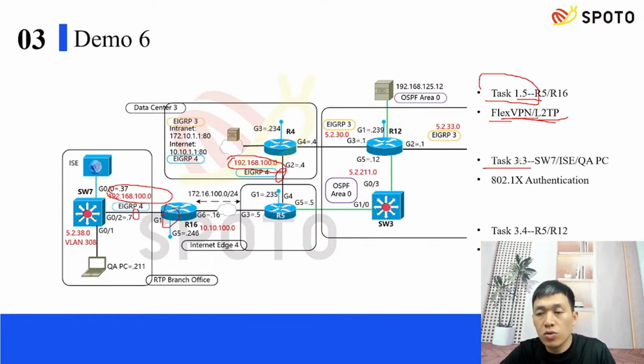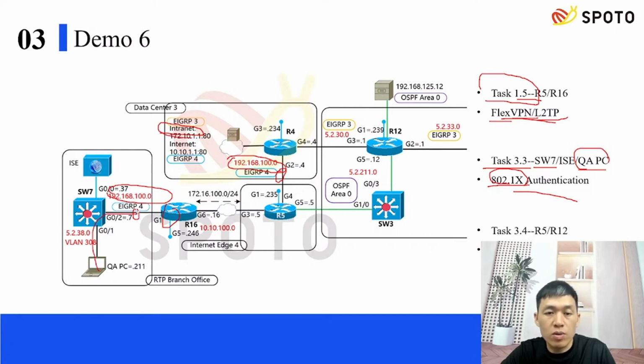And task 3.3 should be configured on switch 7. And finally, QA PC is for 1x authentication, and QA PC needs to access the intranet server.